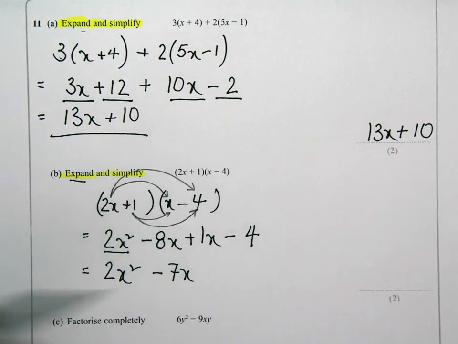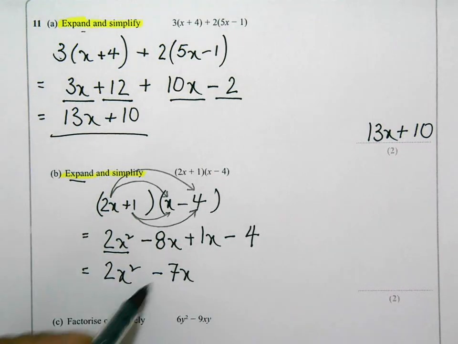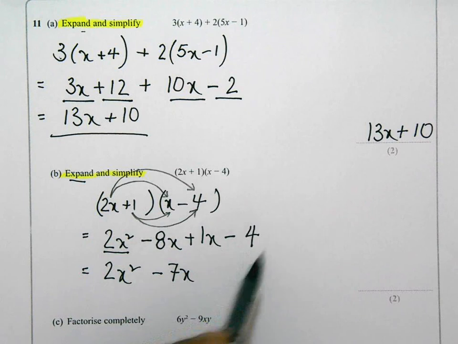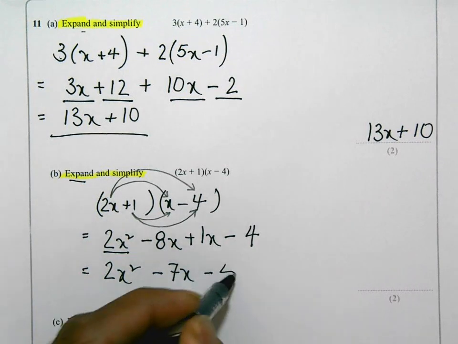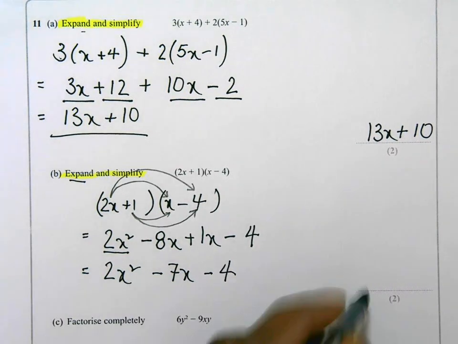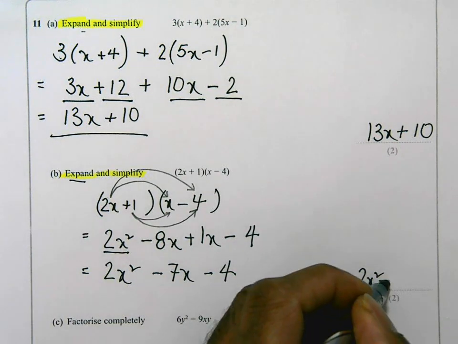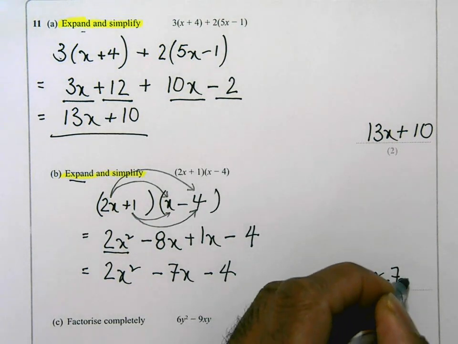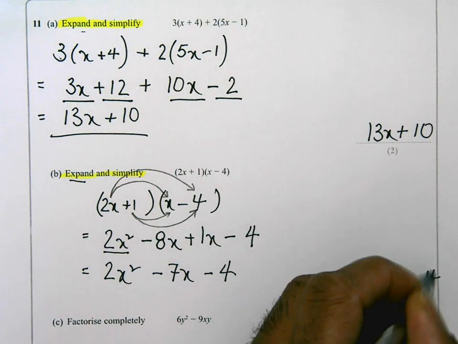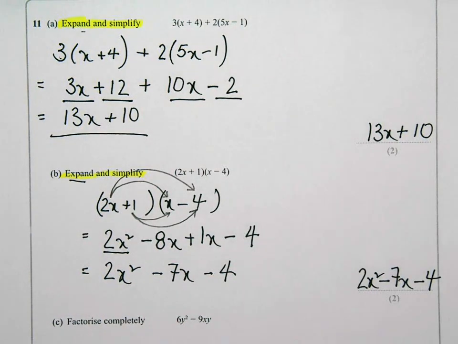Make sure you're careful with that, think about it. And there's only one number on its own, minus 4. So that's going to stay put. And that's my final answer. 2x squared minus 7x minus 4. Alright, going on to part C.